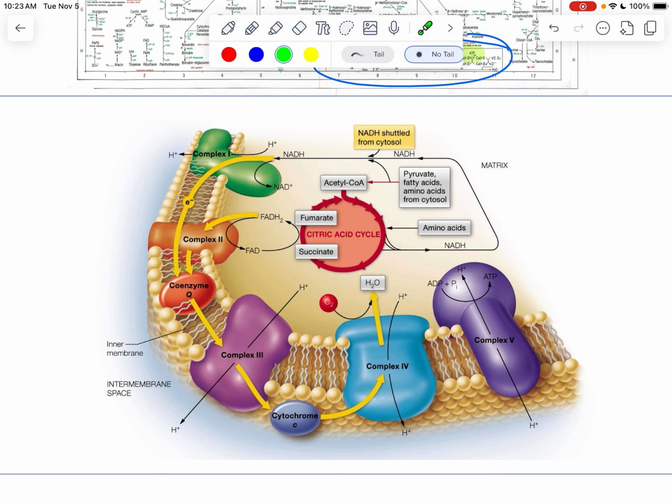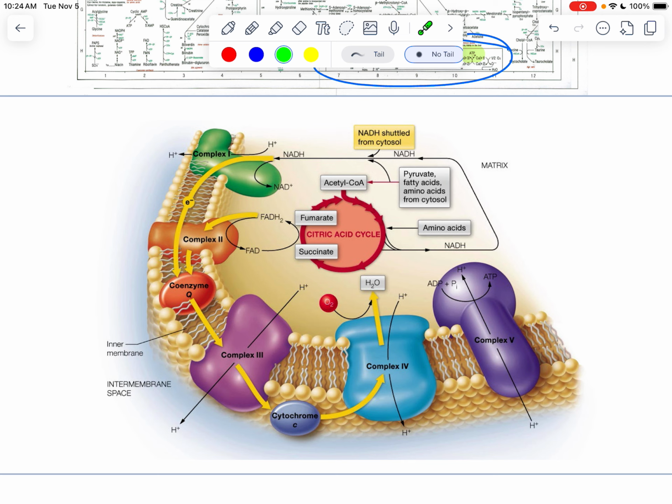So just as a review, complex 1 got electrons from the citric acid cycle, so we saw that NADH feed in here. And we also get some from glycolysis and other places. So we get NADH from multiple sources going into complex 1. Electrons from that citric acid cycle went directly into complex 2 through, remember that, FADH2, which passes them off to the coenzyme Q over there at complex 2.